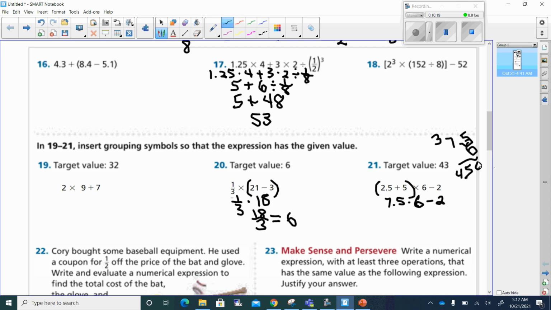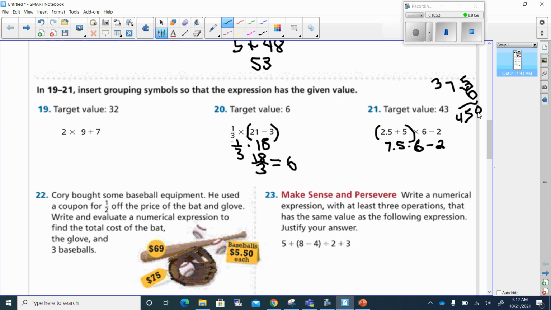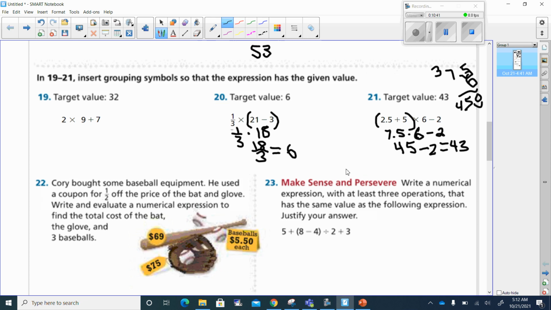I move my decimal over 1, so I move it back. Oh, sorry about that. I move this back, and that'll give me 45. Look at that. Now I have 45 minus 2, and that will equal 43. And that was my target value. And everybody see, by just putting that parentheses there, it made all the difference.